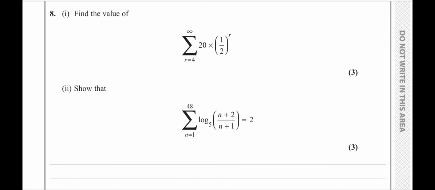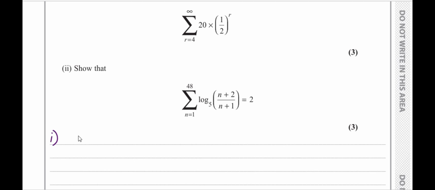Question 8. Find the value of sigma r is equal to 4 to infinity of 20 times (1/2) to the power of r. So let's write the first 3 terms of this summation so that we will know what type of series this is.